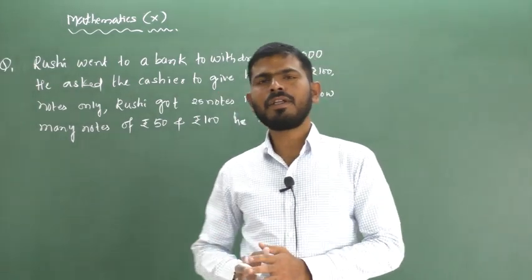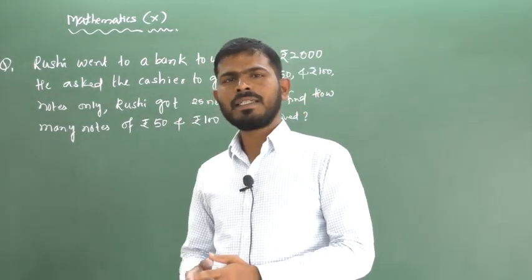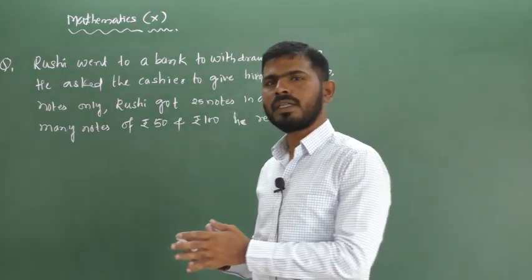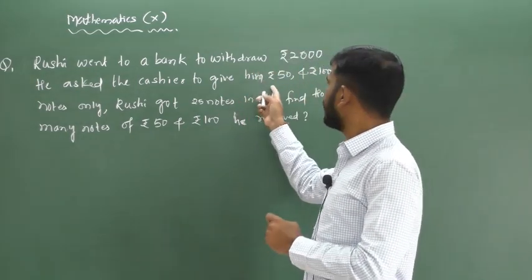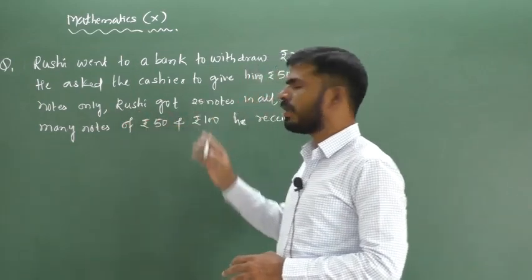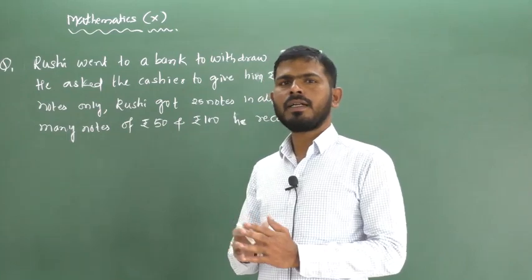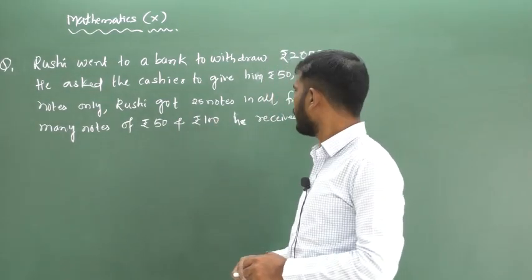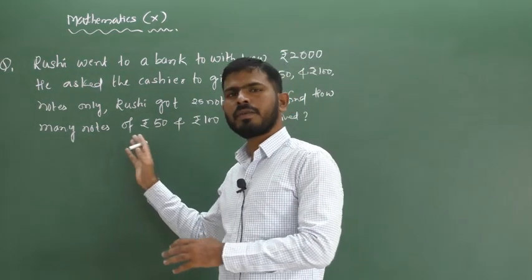Rushi went to the bank, you can consider SBI bank or HDFC bank. He requested the cashier for only rupees 50 notes and rupees 100 notes, and Rushi got a total of 25 notes, including 50 and 100 notes.